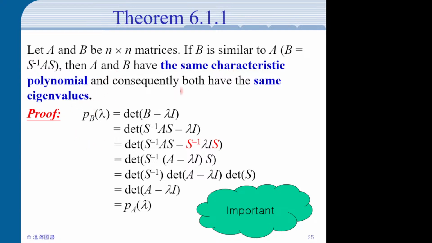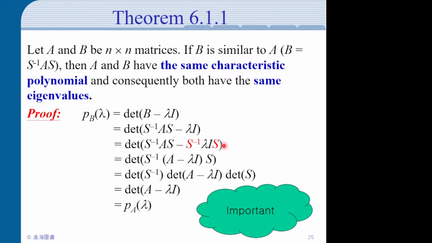So you think about the characteristic polynomial of B, which is the determinant of B minus lambda I. Then we use the similarity equation, B equals S inverse A S, minus lambda I. And we have a lot of S inverse here, so we also put S inverse and S around the identity.